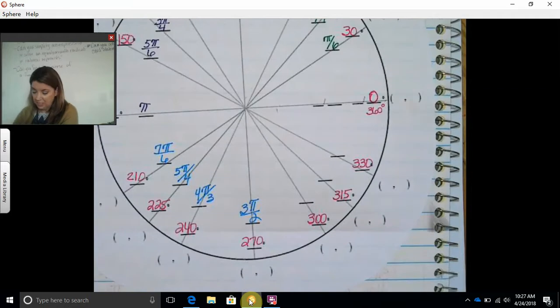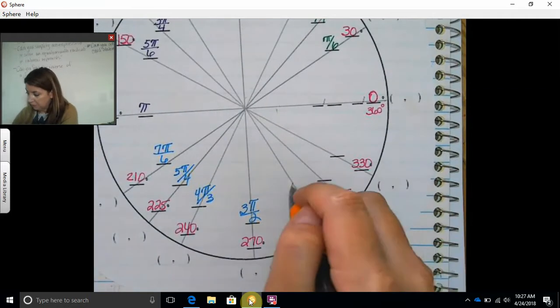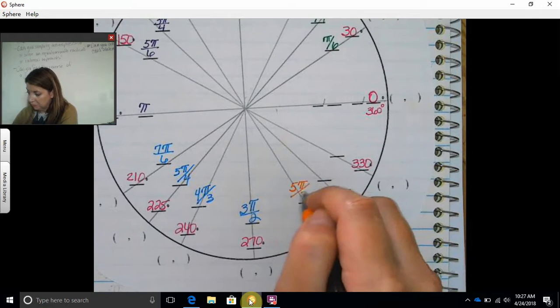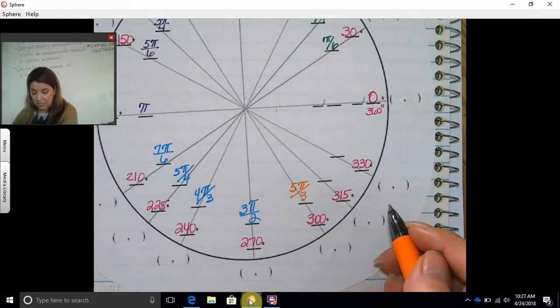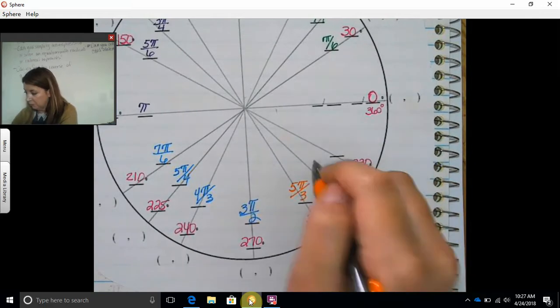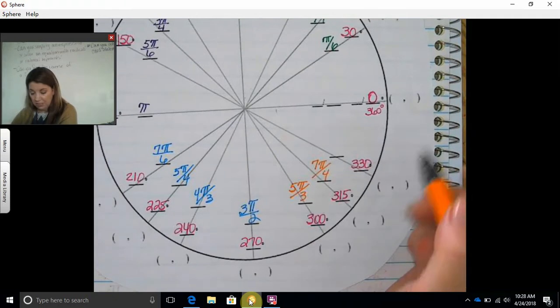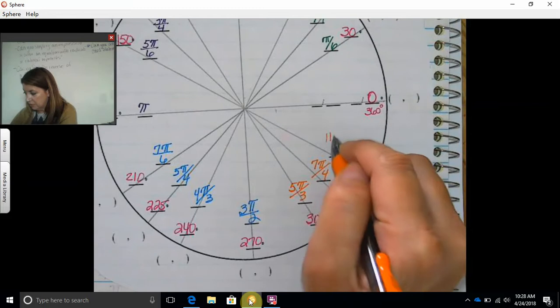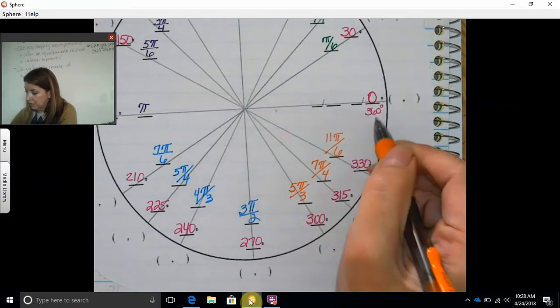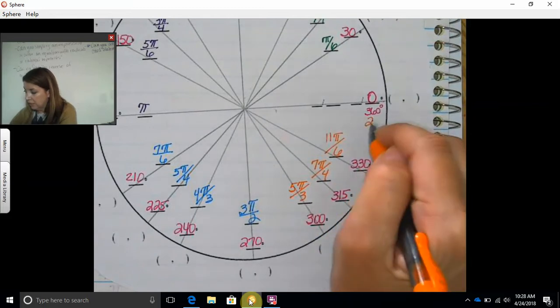So 300 degrees is 5 pi over 3. 315 degrees, 7 pi over 4. 330 degrees, 11 pi over 6. And 360 degrees is 2 pi.